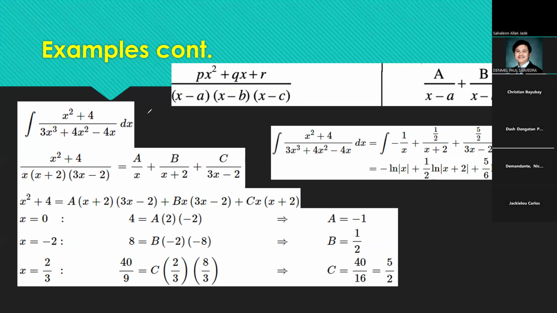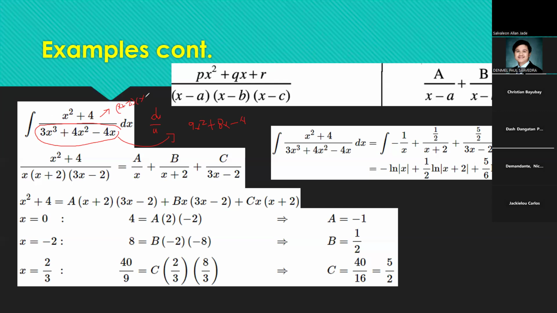Second, check first if it's doable by a logarithmic formula. By deriving this one, this would give us 9x squared plus 8x minus 4. Then let's see, is it doable? This one can be divided into two parts, x plus 2 and x minus 2.